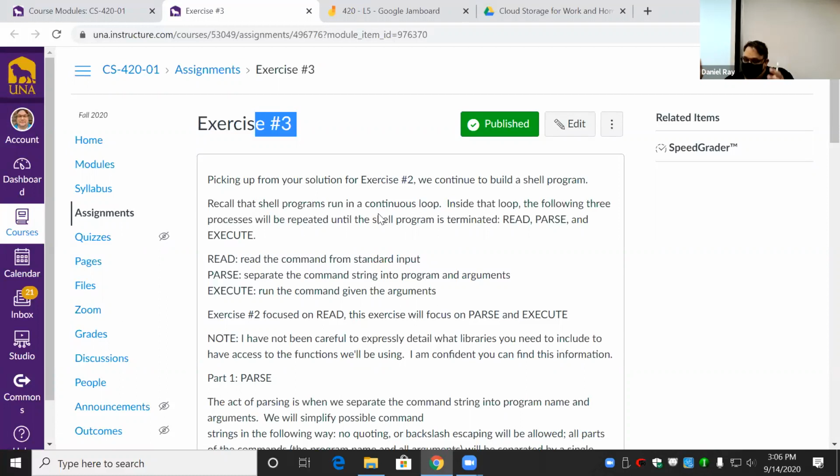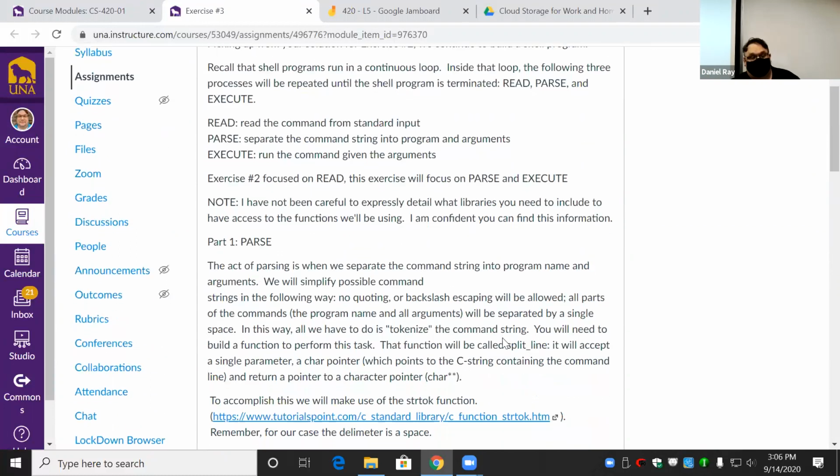You're going to have between 0 and n parameters, but they're all delineated by a single space. No special characters like backslashes or quotation marks are going to be allowed. So that's actually going to simplify our process for us.